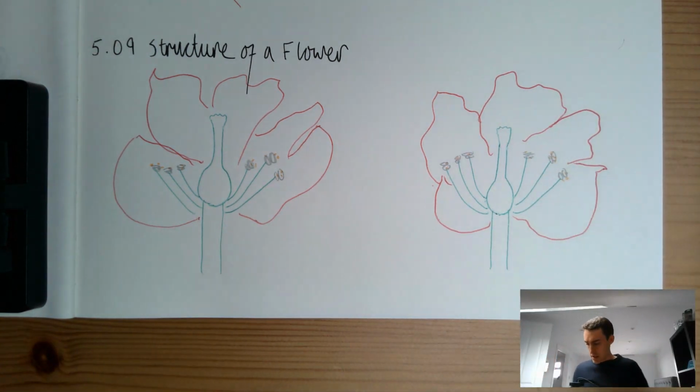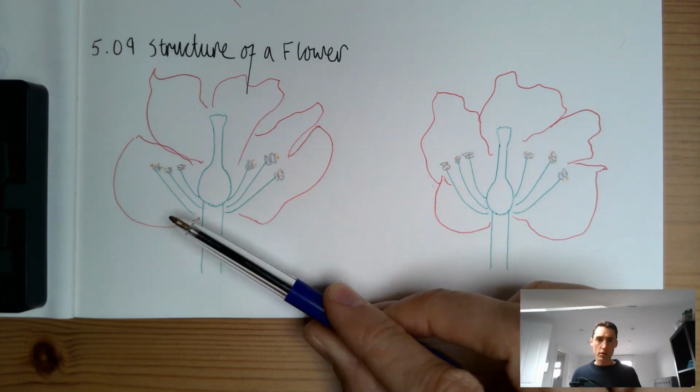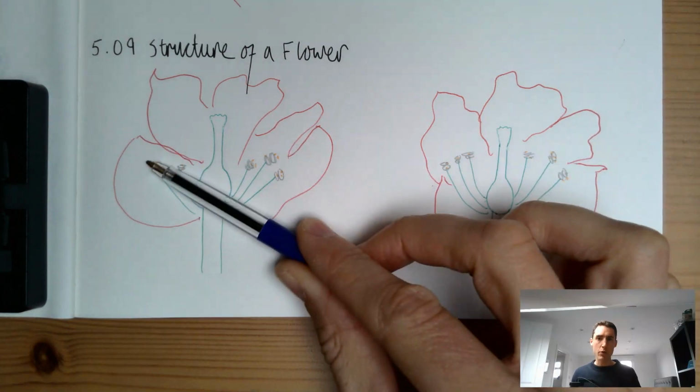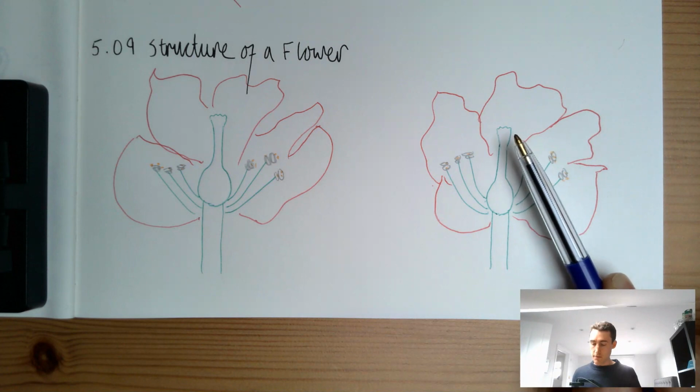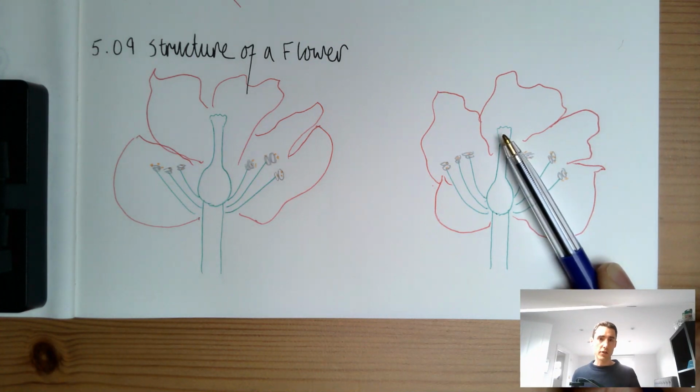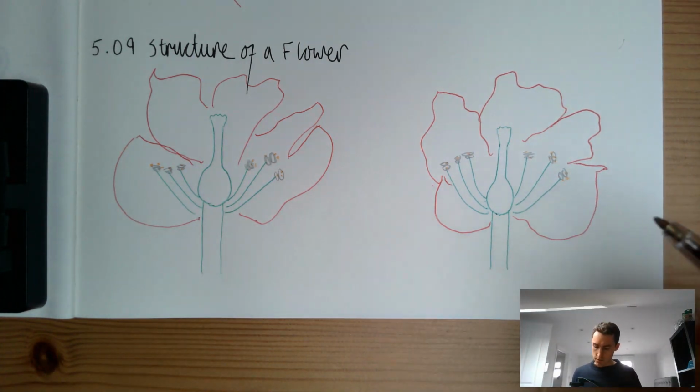Now, the image we want to get across to students is that for fertilization to occur, we need to get pollen from one flower over to the female reproductive part, the carpel, of a different flower.